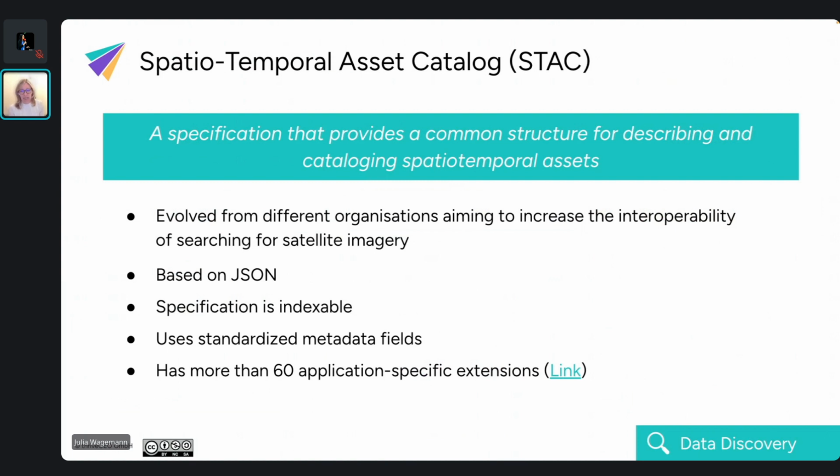As I said already, it has been agreed on with the community in record time, and besides the core specification there are already more than 60 application-specific extensions. The aim with STAC is to increase the interoperability of searching for satellite images, to make satellite imagery more easily discoverable, because at the moment it's not easy to know what data exists and is available.